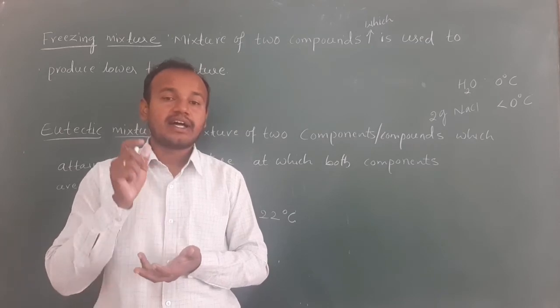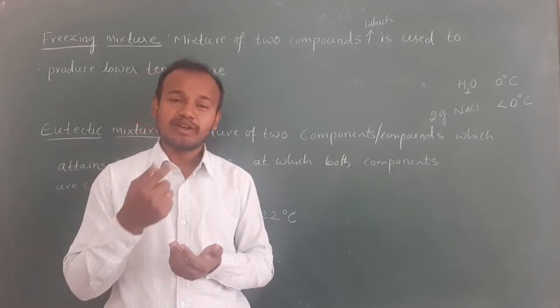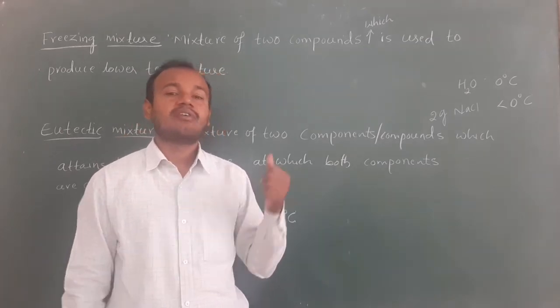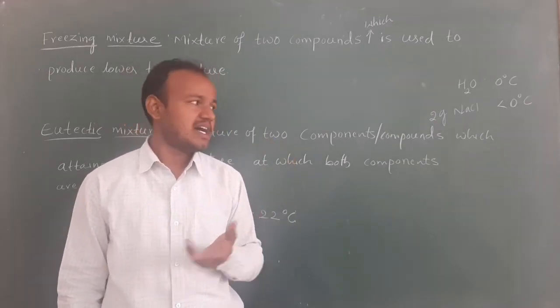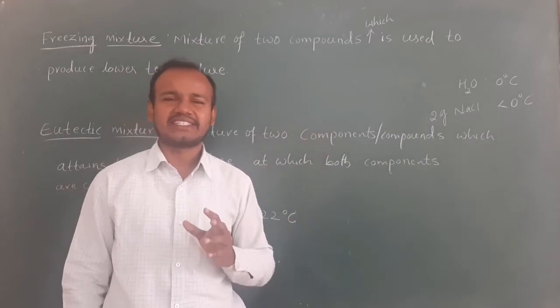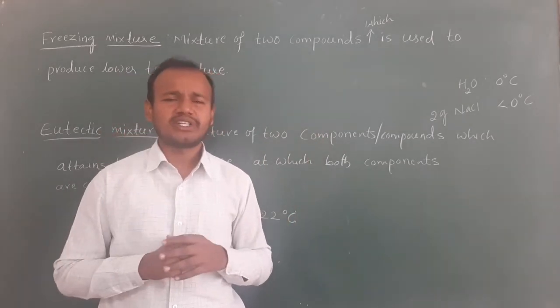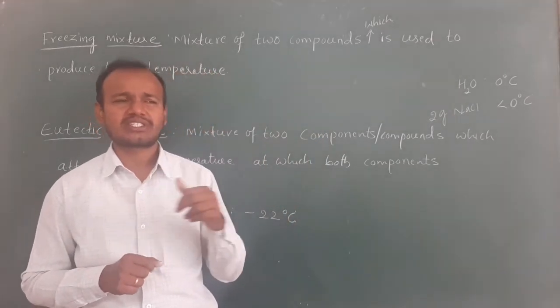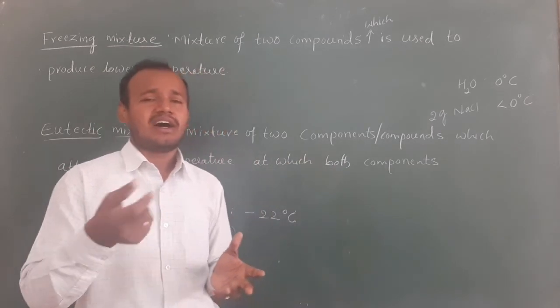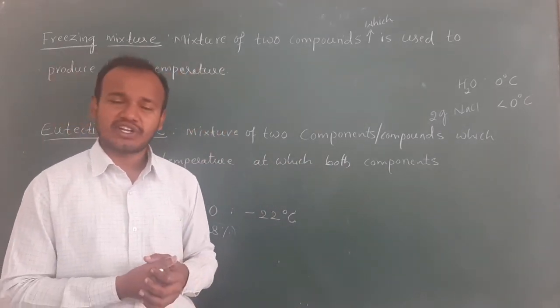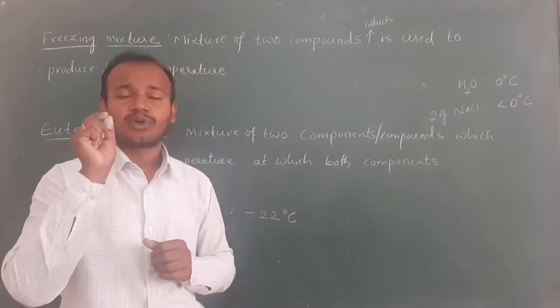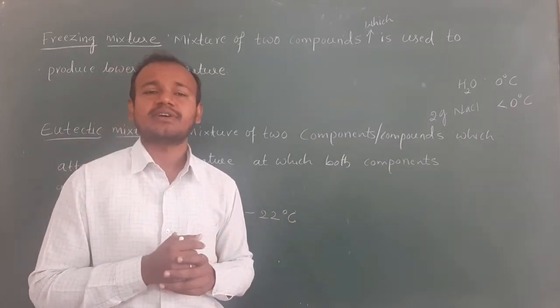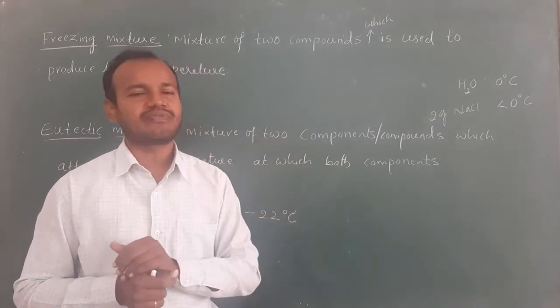Particularly you have to give more importance to the phase rule for the one component system, the water or sulfur system, and two component systems are very easy. When you study the application of phase rule to the one component system, it's very easy to explain the application of phase rule to the two component system. The only thing is, for the two component system you have to take a condensed system, and for that we use the reduced phase rule.